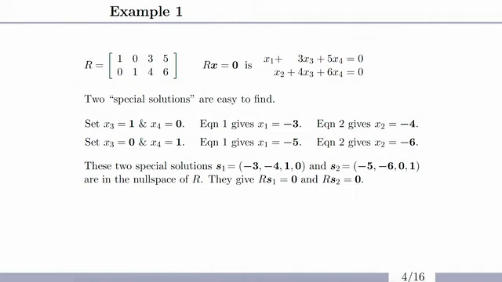So 3, 5, 4, 6, those are our other columns. So the first 2 columns are independent. Columns of the identity matrix are very independent. But then 3, 4 is a combination of those 2 columns, right? 3, 4 is 3 times the first column plus 4 times the second.